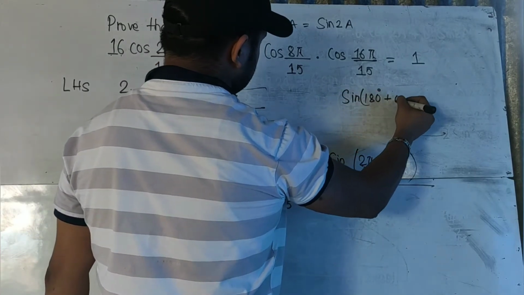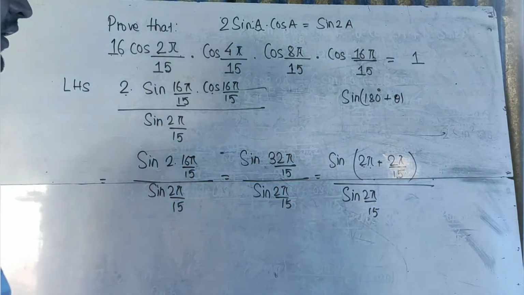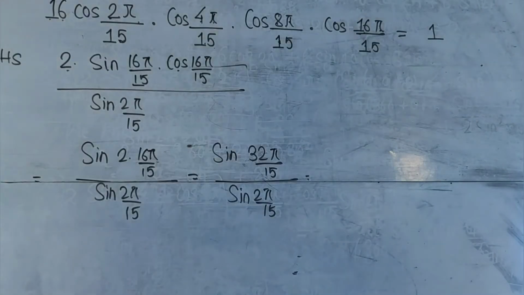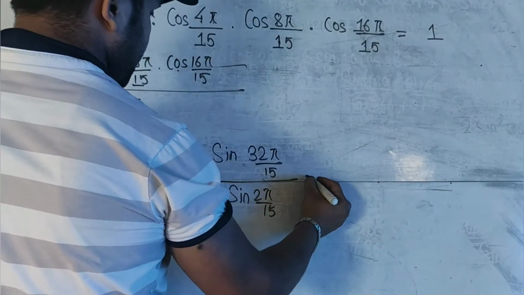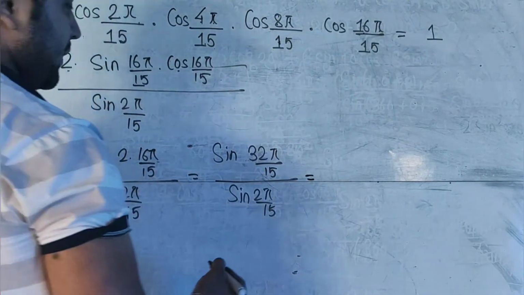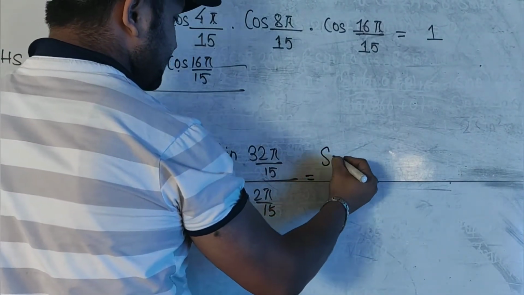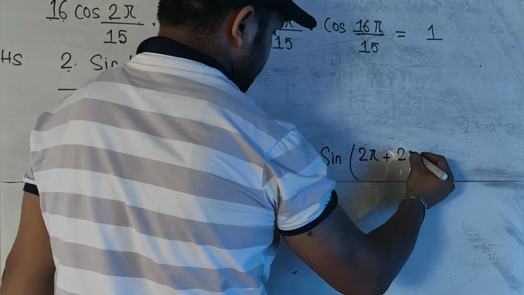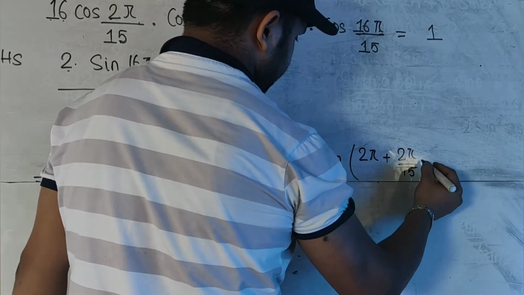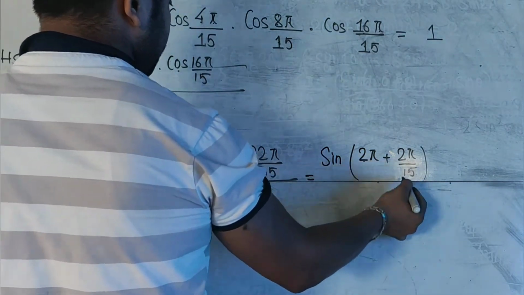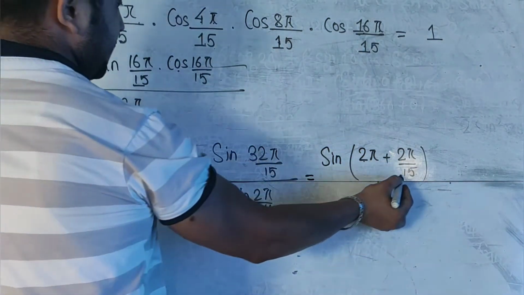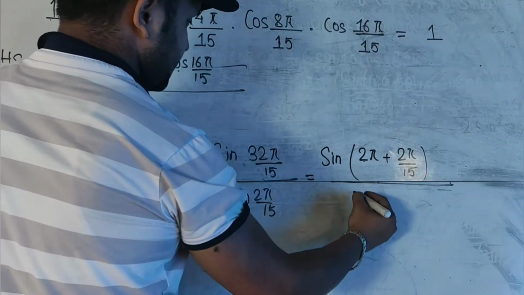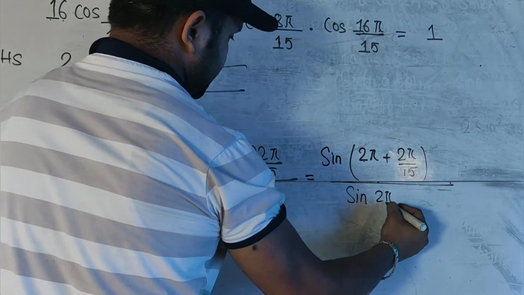Suppose here you have sine 32 pi by 15. We can write sine 32 pi by 15 as sine 2 pi plus 2 pi by 15, because 2 pi plus 2 pi by 15 is also 32 pi by 15. 15 into 2 is 30, 30 plus 2 gives you 32. So in the denominator you have sine 2 pi by 15.